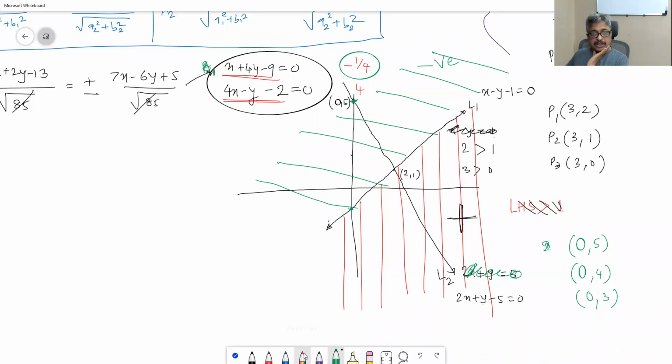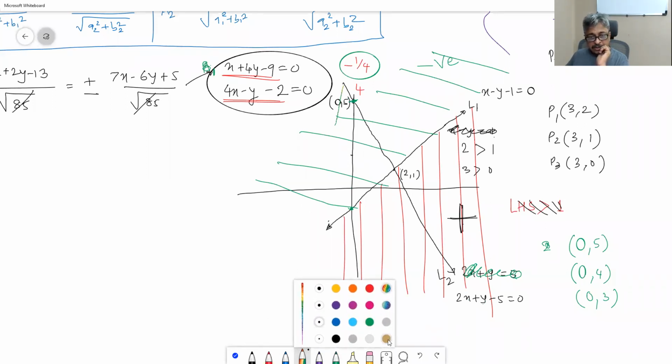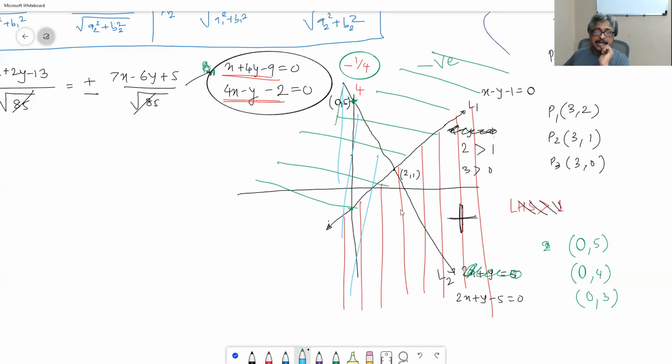I have to use different colors now. So all the points below that. Okay, am I running out of colors now? Blue. So all the points in this direction, in this upper plane, as far as L2 is concerned, are negative.